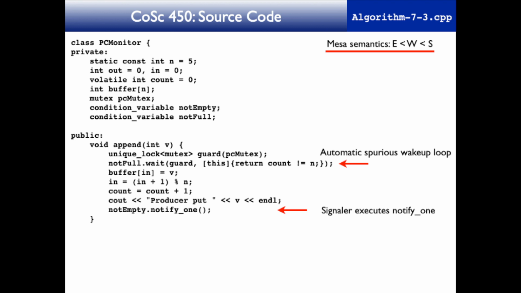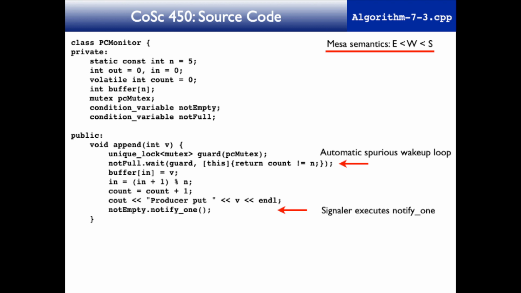So as before, this provides us with the automatic while loop. The automatic spurious wake-up loop is specified in the C++ semantics for wait. So that's programmed behind the scenes, and we don't need to see it.